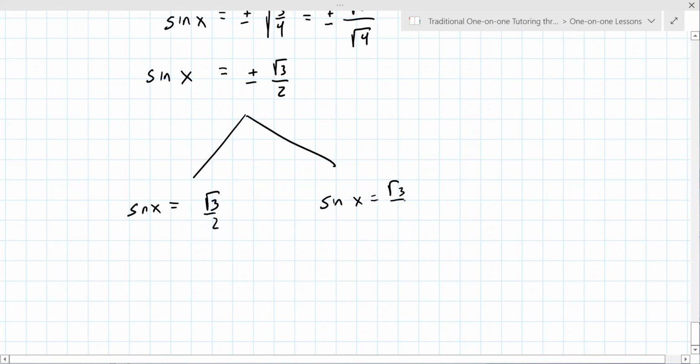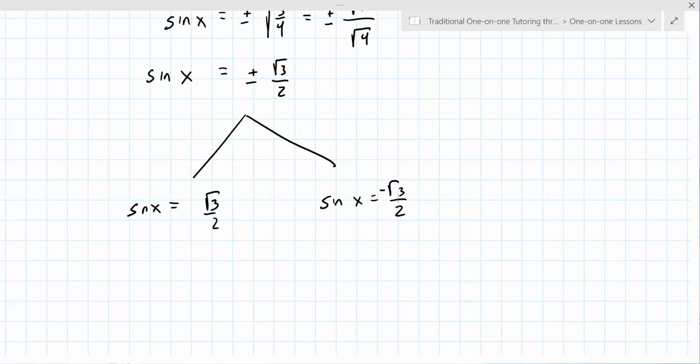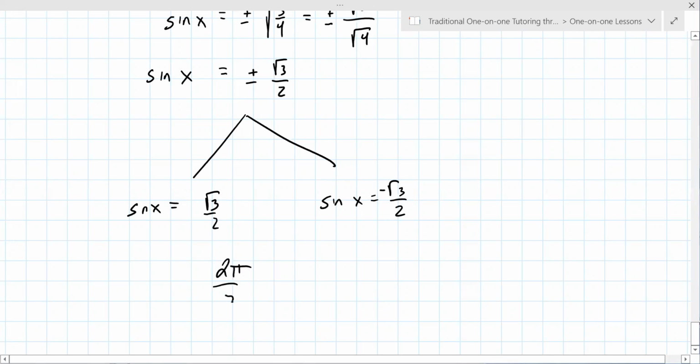Then it's 5 pi over 6 and 7 pi over 6. Yeah, and so it's a lot of pi over sixes, right? Actually, let me check that here. That's the y value. Sine is the y value. So go ahead and check your answer for me. 2 pi over 3. Anything before that?